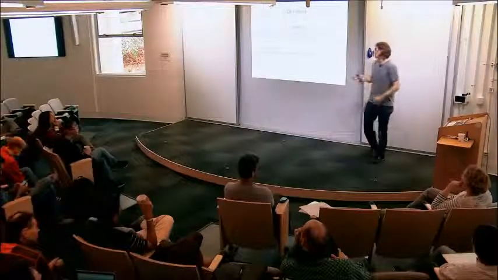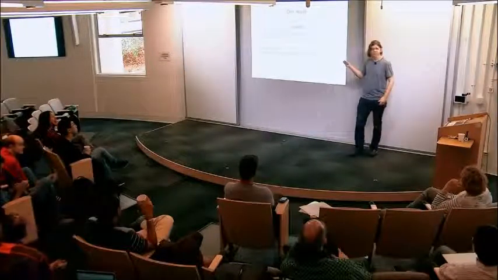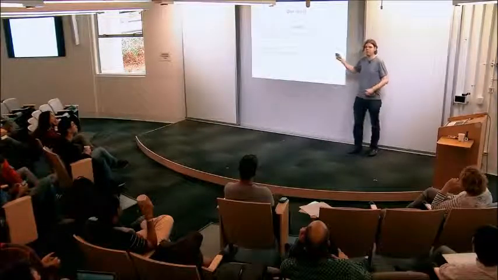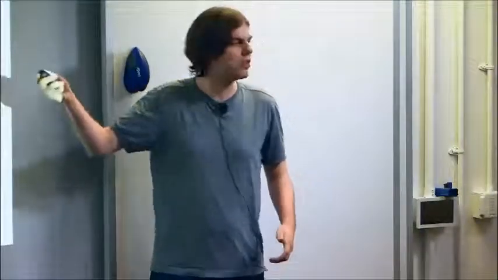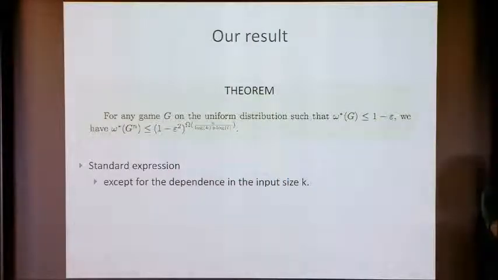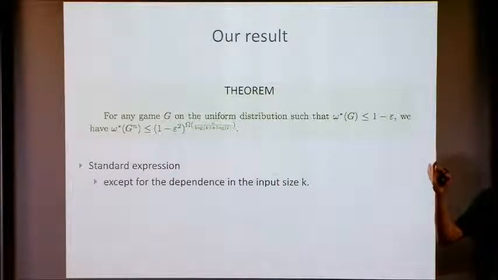Yeah. So I'll not talk about this, but if you're just interested in some kind of exponential decay, actually you can have such a weak theorem for general distributions, because somehow you can pad, you can plug any general distribution into a uniform distribution of greater size.